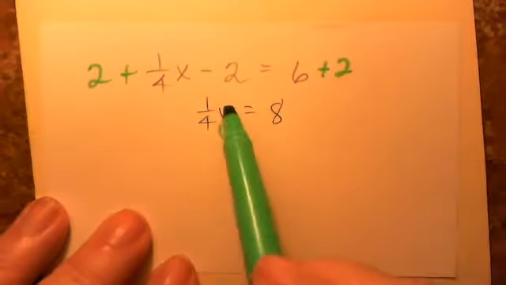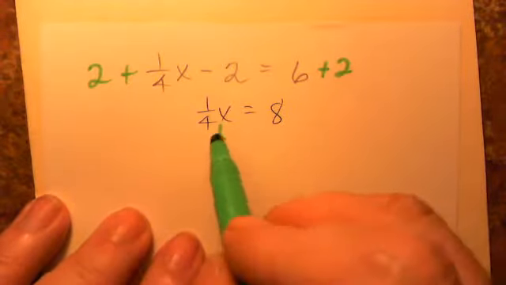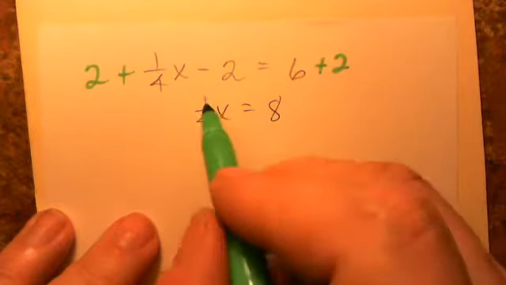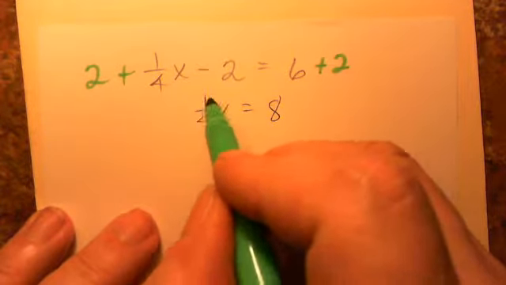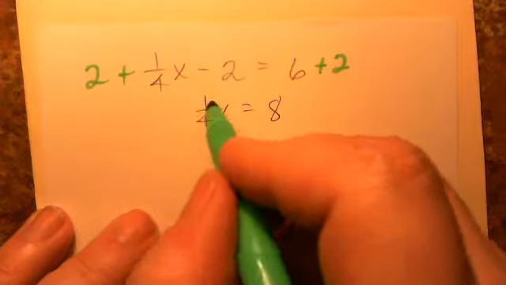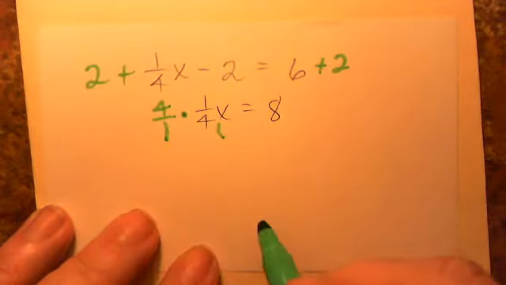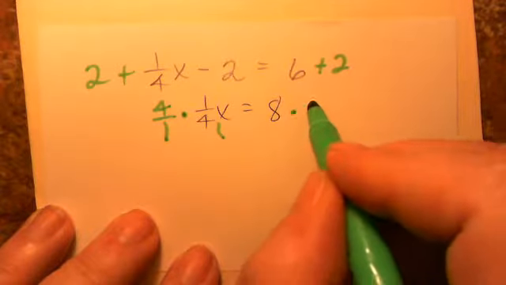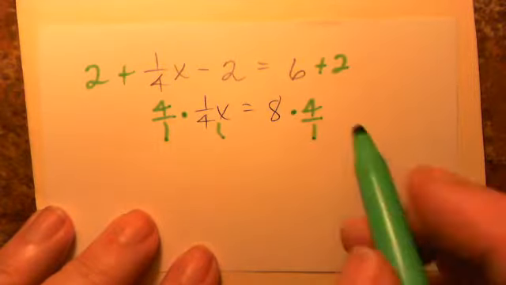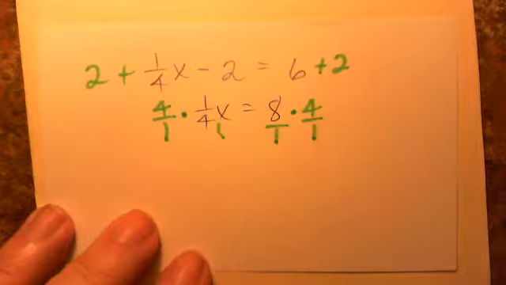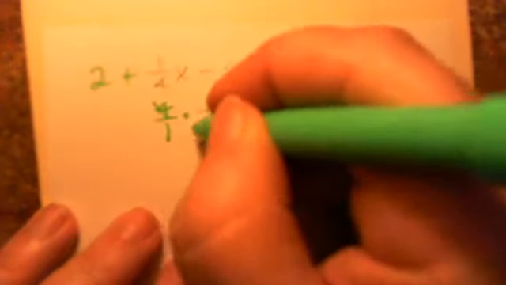And now we need to isolate the variable by multiplying by the reciprocal. Remember, this is a coefficient. It's multiplied. We have to get rid of it by multiplying by the reciprocal. So it's 4 over 1. 8 times 4 over 1, both sides. And we can get the 8 to look like over 1 if we need to. And now over here, remember, 4's cancel.